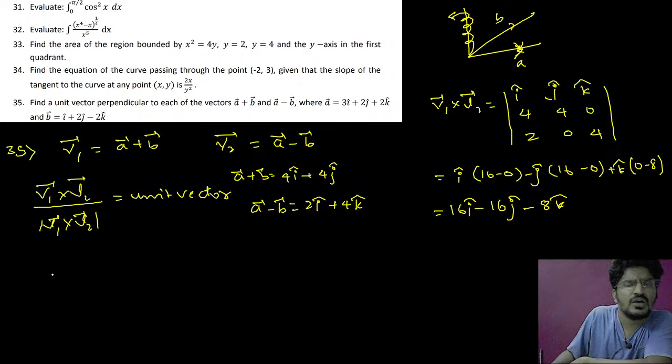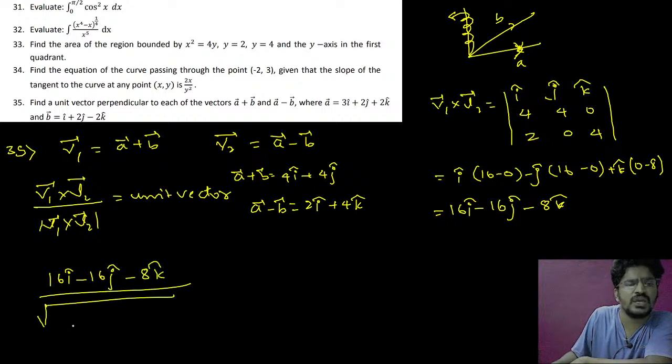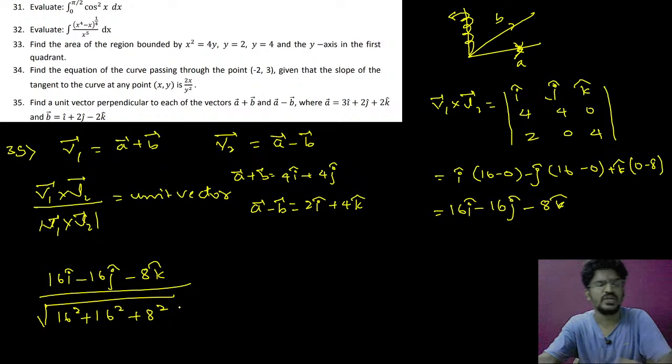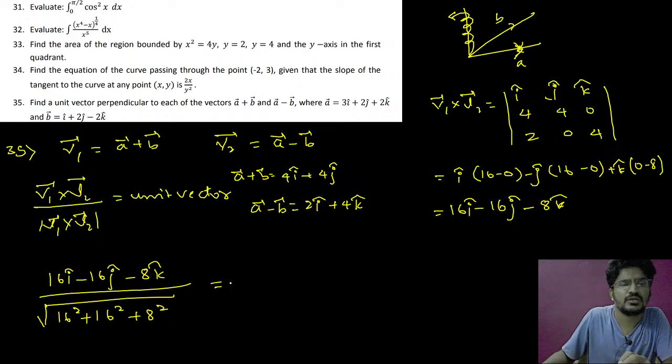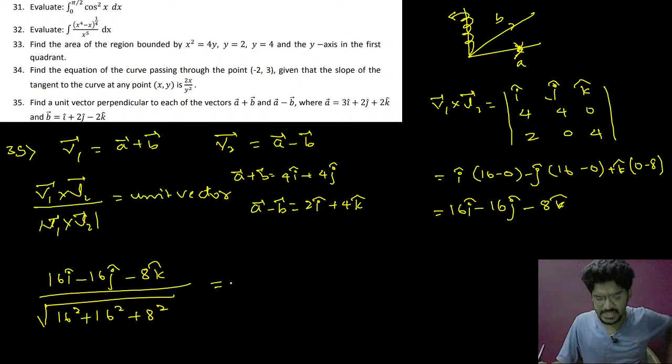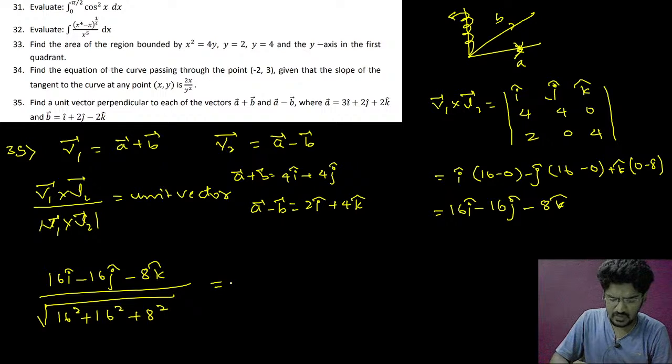Now 16 i cap minus 16 j cap minus 8 k cap divided by the square root of 16 square plus 16 square plus 8 square. So quickly solve it and tell me the answer. 16 square plus 8 square. So quickly give me the answer. What is 16 square?